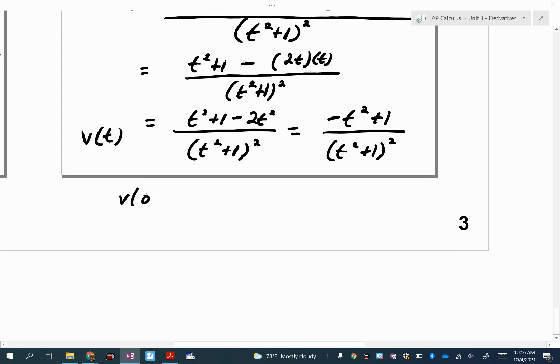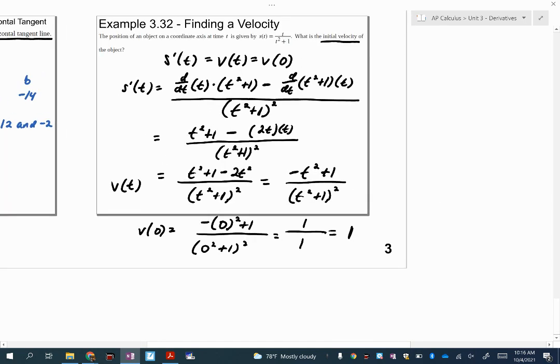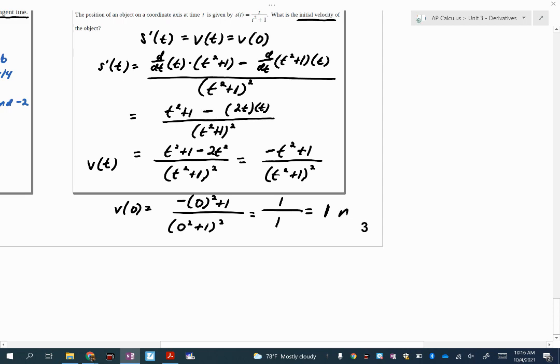So I'm going to plug in 0 and get the opposite of 0 squared plus 1 over 0 squared plus 1 squared, which is 0 squared is 0, the opposite of 0 is 0, 0 plus 1 is 1, 0 squared is 0, 0 plus 1 is 1, 1 squared is 1. So the initial velocity is 1. Doesn't say any units, so 1 meters per second if we're going to keep with the physics idea.